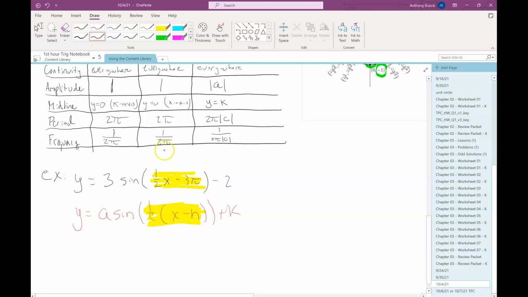So I'd want to start by factoring out a 1/2. So 1/2 x divided by 1/2 is x. 3 pi divided by 1/2 is the same thing as 3 pi times its reciprocal, so 2. 3 pi times 2 is 6 pi. Is everybody okay with that? Okay. So my A is 3, my C is 2, my H is 6 pi, and my K is -2.